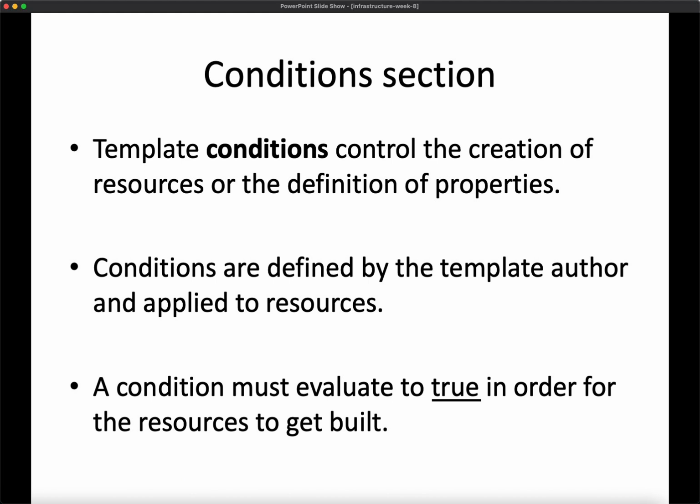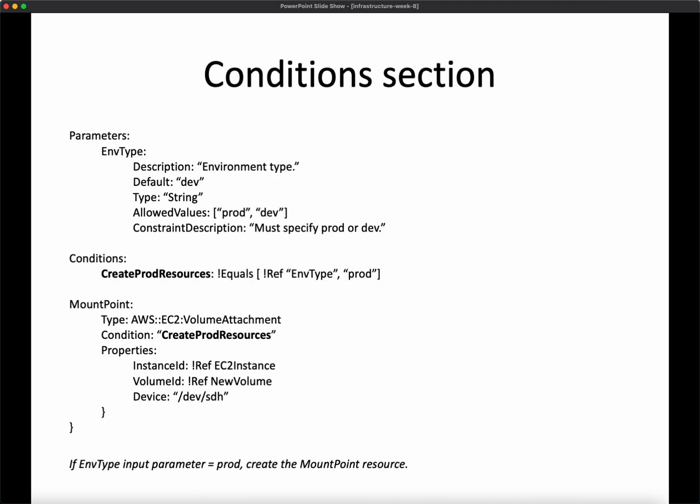If the condition evaluates as true, then that means that a resource will get built. Here's an example of how we can define a condition in the condition section and then leverage it later on to conditionally build an AWS resource.